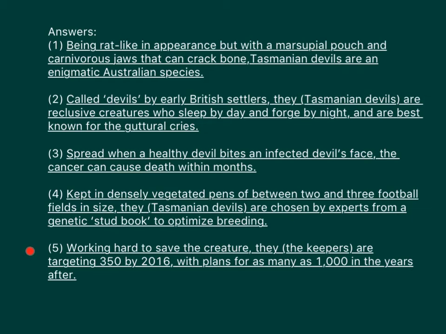Number 5. Working hard to save the creature, they, the keepers, are targeting 350 by 2016, with plans for as many as 1,000 in the years after.